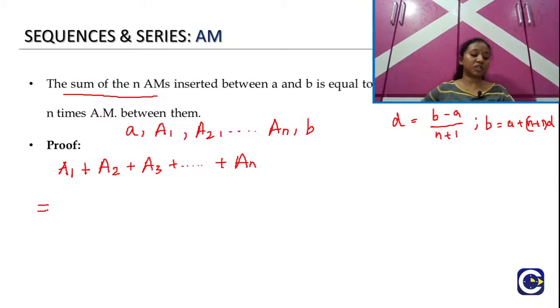Can you guys give it a try for this and let me know what will be equal to this sum of these n arithmetic means which are inserted in between the two numbers a and b. Quickly give it a try. So relate to your common difference, last term and everything here.